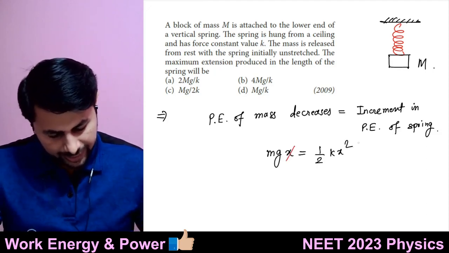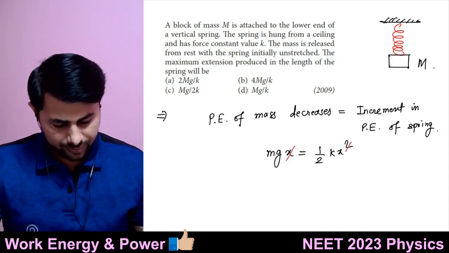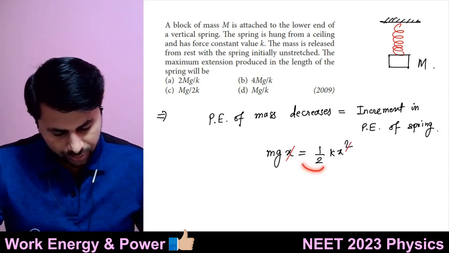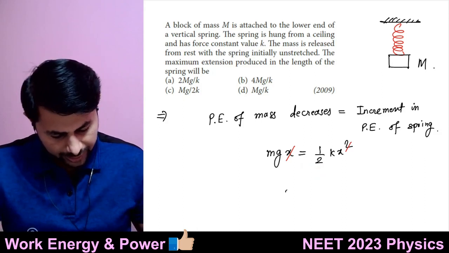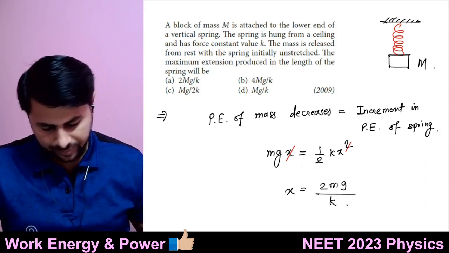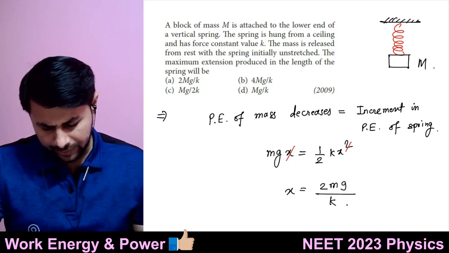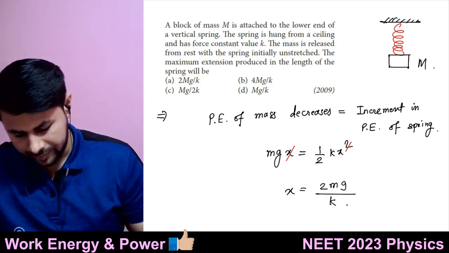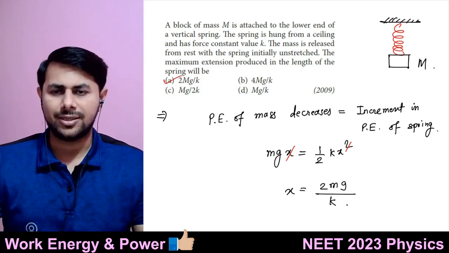So x and x get cancelled out. Then you take that 2k to the other side, so you get x equals 2 times mg divided by k. This is the answer. Which option? Option A. This is the answer.